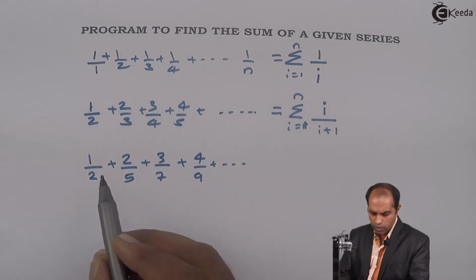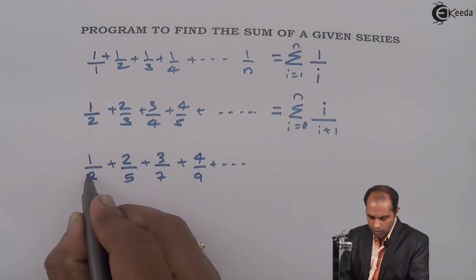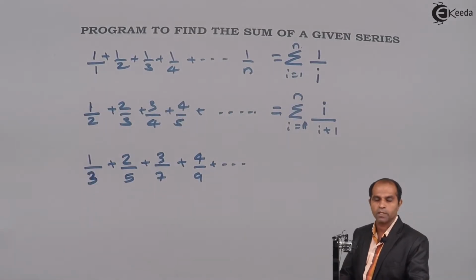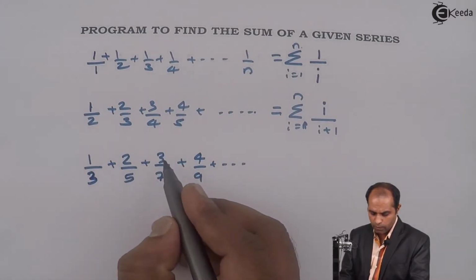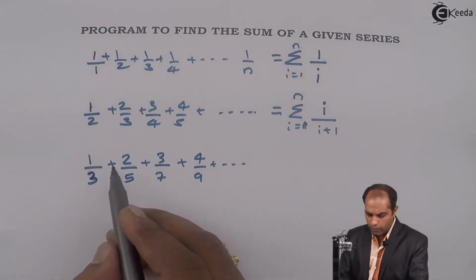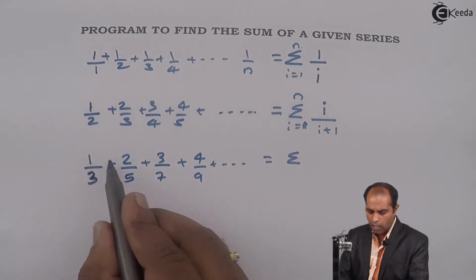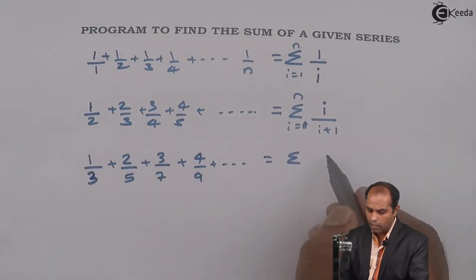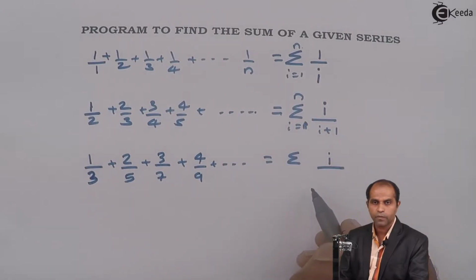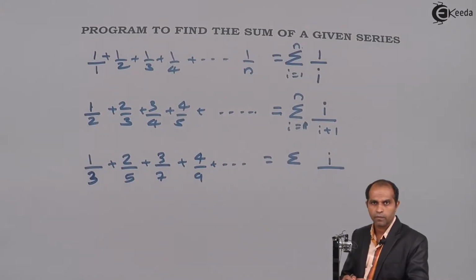So now, this first term has to be 1 by 3. 1 by 3 plus 2 by 5 plus 3 by 7 plus 4 by 9 and so on. If I identify this as a series, let's summarize this series. As usual, in the numerator it is changing, so express this as I. Then, can I express this denominator as a variable?